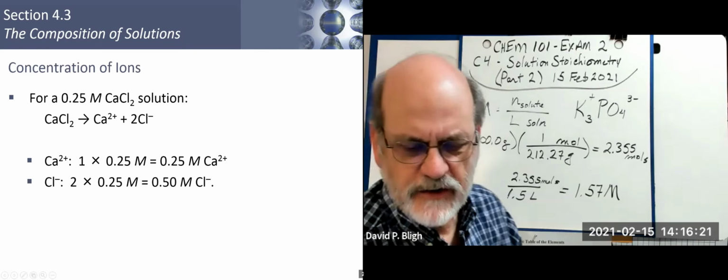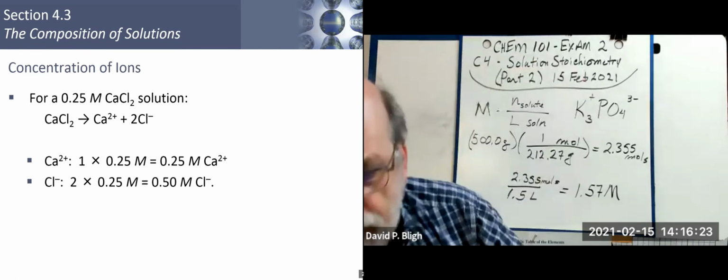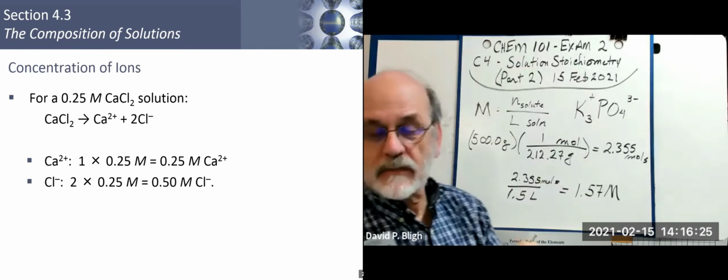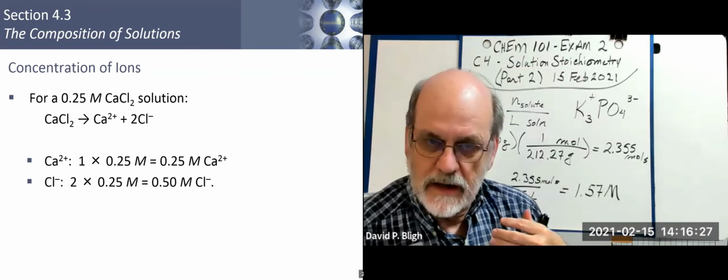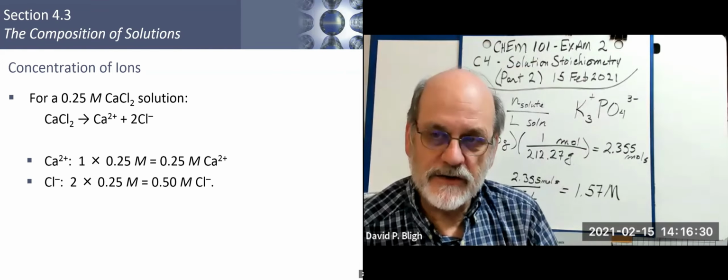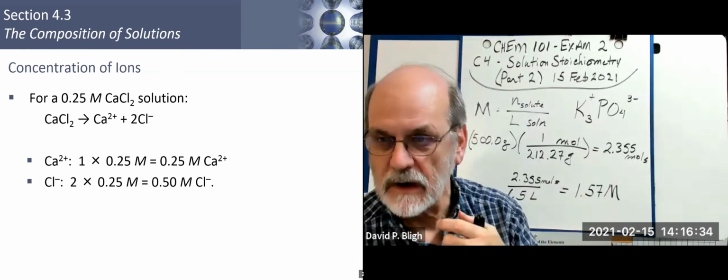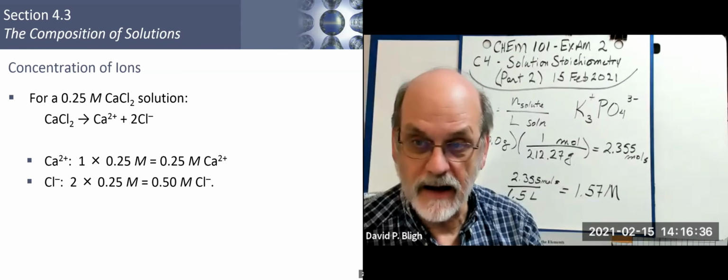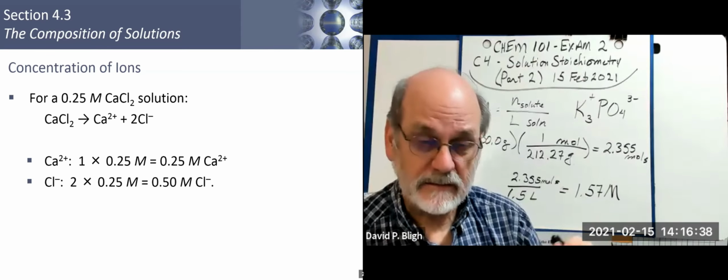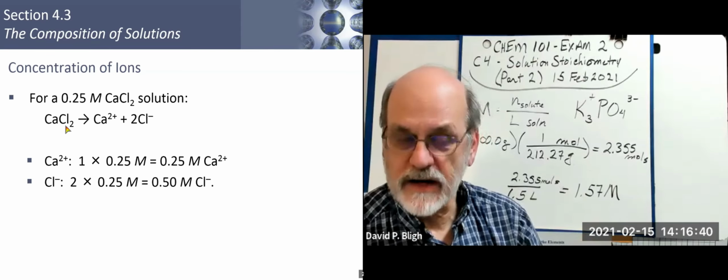Now, when we discuss concentration, very often solution stoichiometry involves soluble salts, that is, soluble compounds that break up into positive ions and negative ions. Calcium chloride here is our example.